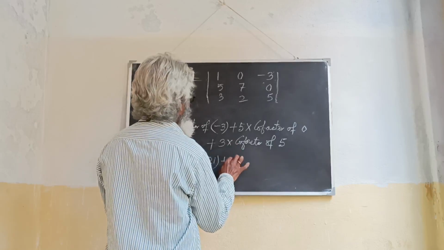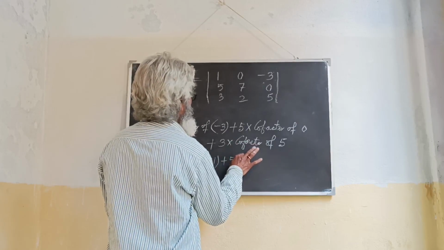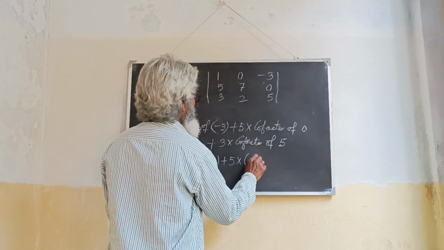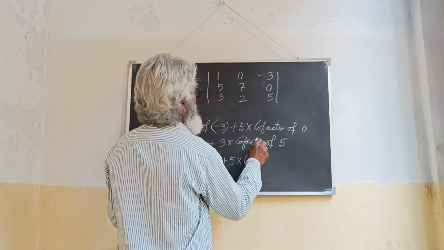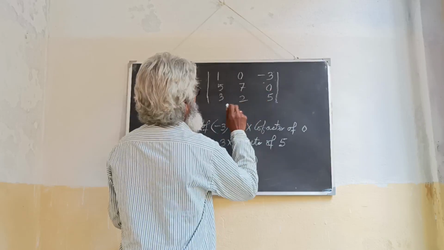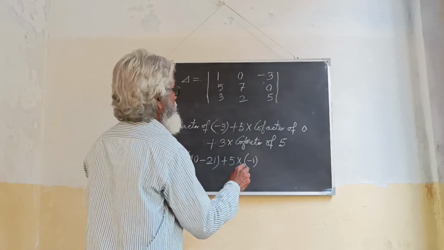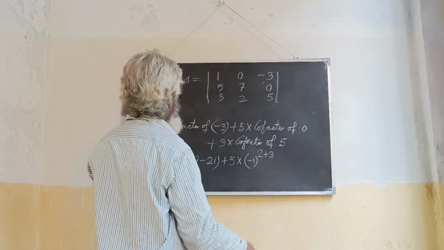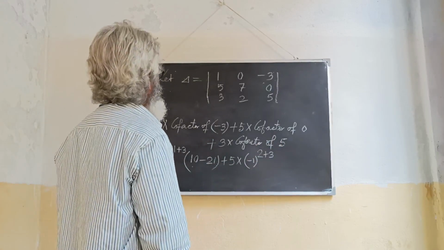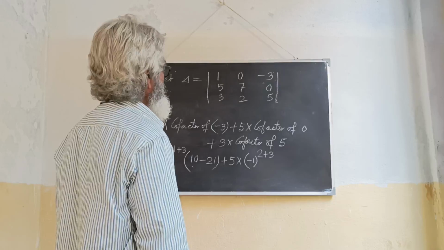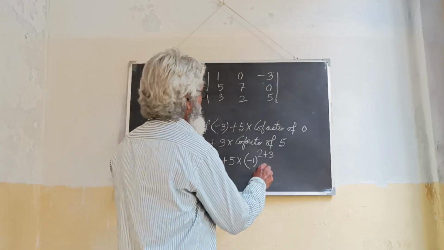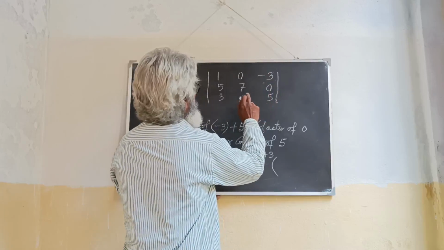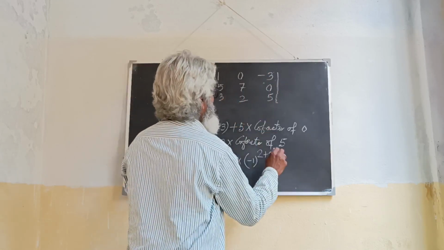Plus 5 into cofactor of 0: minus 1 whole to the power 2 plus 3, since 0 belongs to second row and third column, into 2 minus 0.